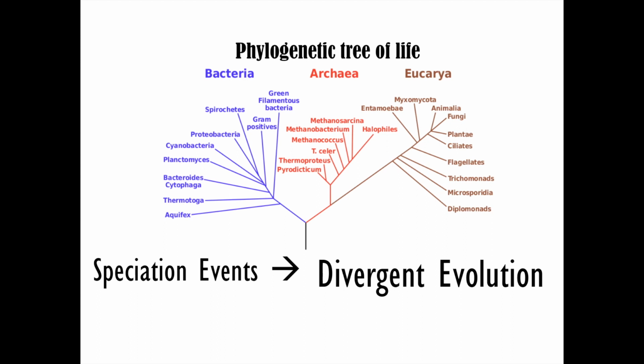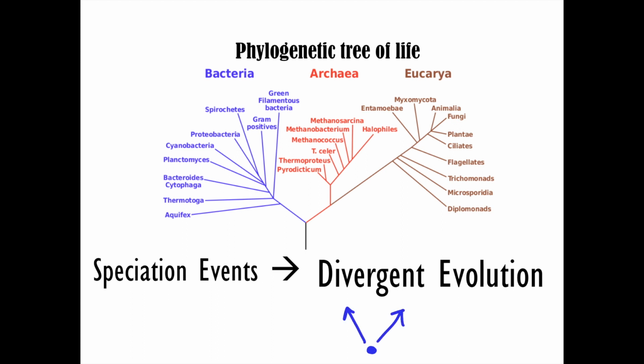If the population changes enough over time, and the environment creates conditions where gene pools are isolated from one another, this accumulation of differences can lead to speciation events, resulting in what we call divergent evolution. Now, diverge essentially means to start from the same spot and head in different directions.